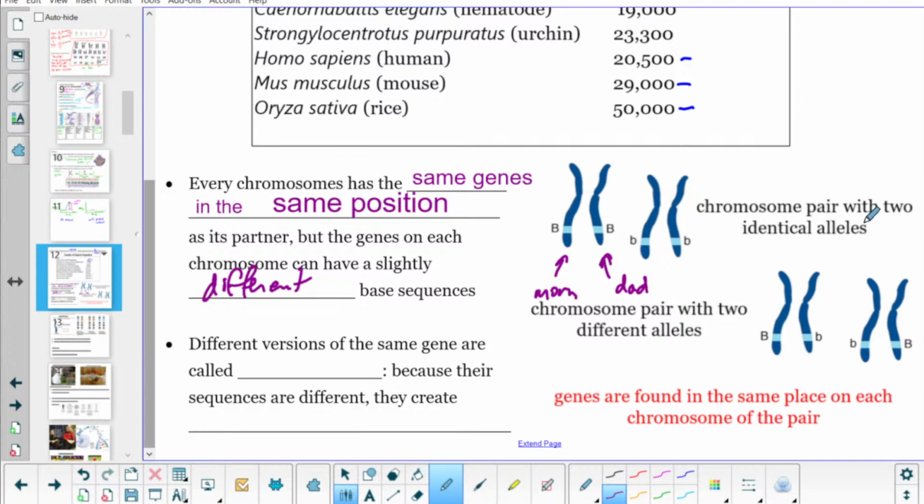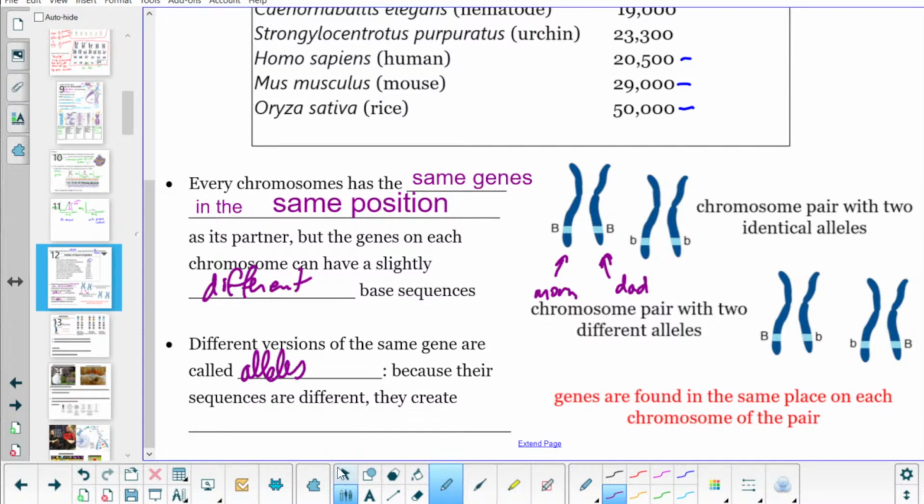Chromosome pair, with, I haven't defined alleles at all. Different versions of the same gene are called alleles. So brown eyes would be one allele, blue eyes would be another allele, gray eyes would be another allele.